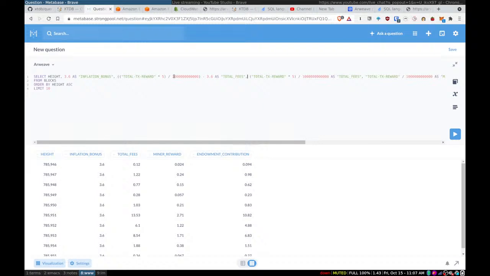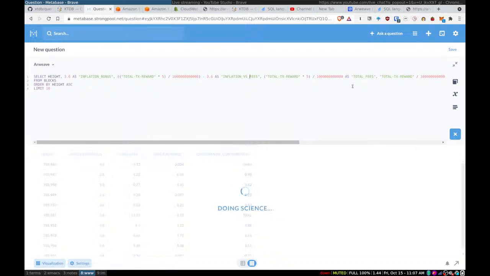What would I call this? It's not like the net anything. I don't know what a good name for it is. I'll just say inflation versus fees. Not the greatest name, but what I'm getting at is, okay, are our fees more than the inflation? Because I think that's a significant metric for Arweave.